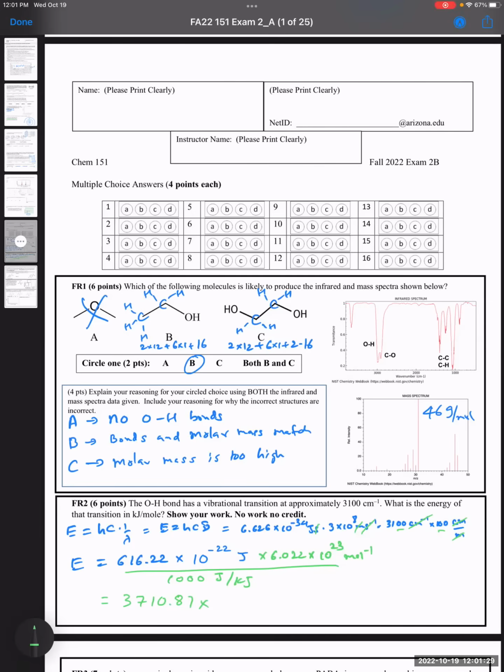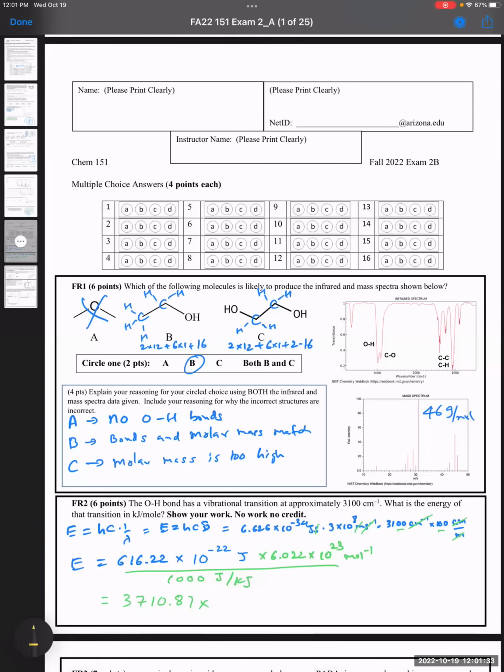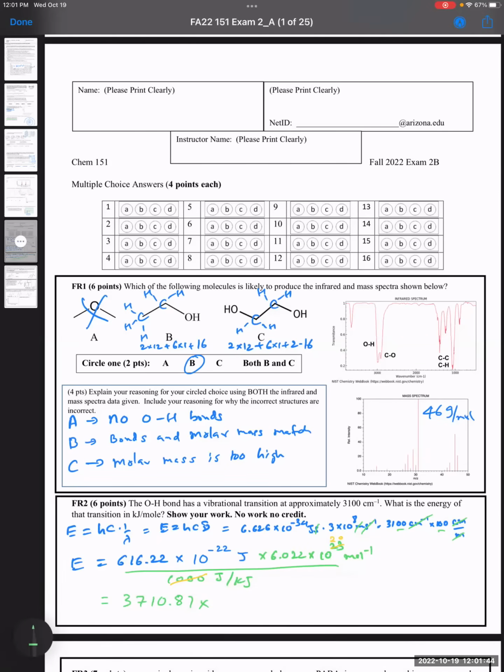So we have, let me use a different color now. We have 1000 canceling out with this 10 to the 23 here. And then we're going to be left with 10 to the power of minus 22 times 10 to the power of 20.